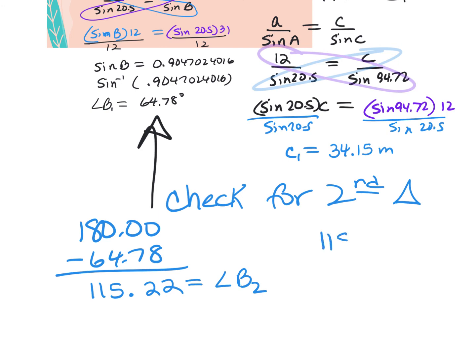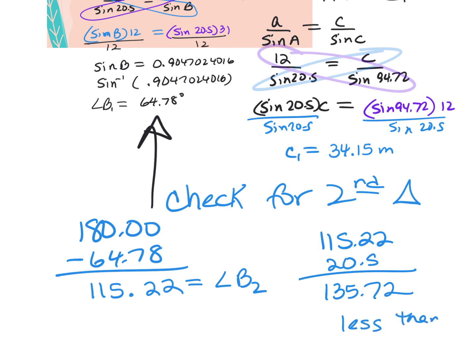I'm going to take that and add it to the given angle at the beginning, and that was 20.5. Once I add that, I get 135.72. This number is less than 180.